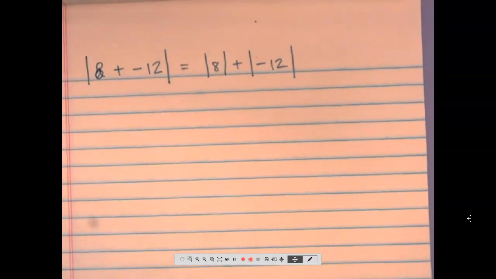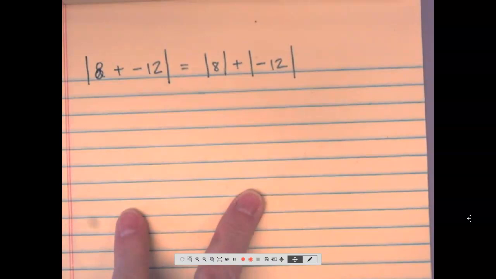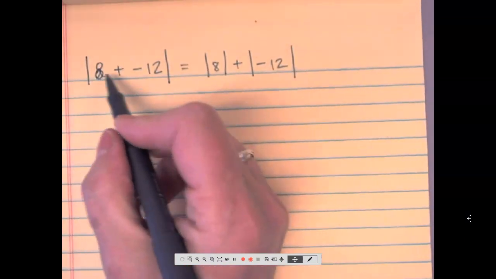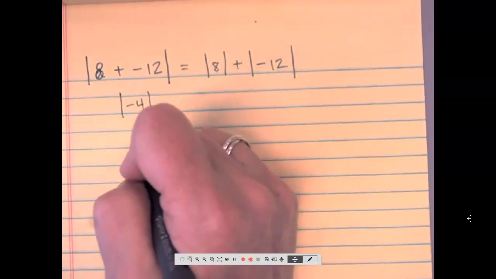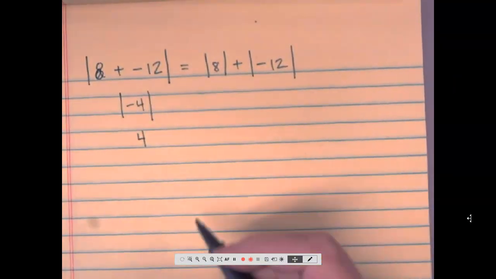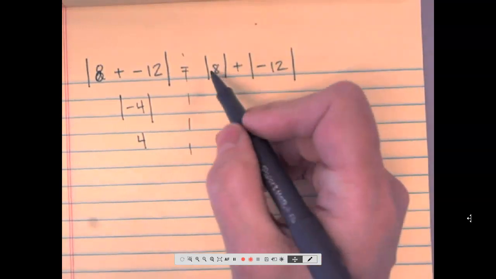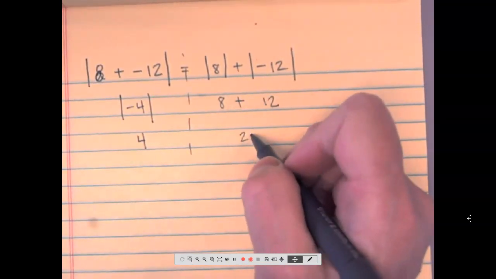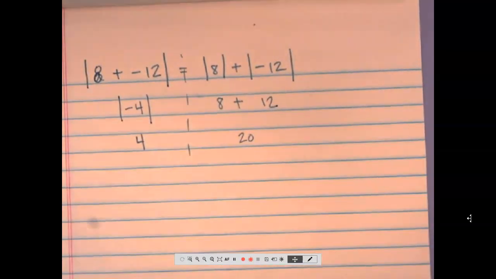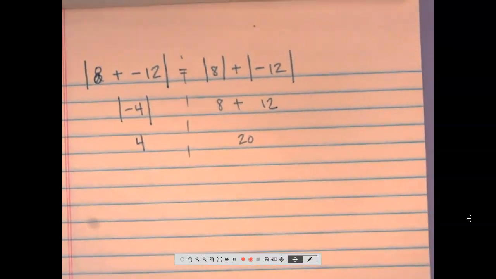Does it work for addition? Do you get the same thing? Okay, 8 plus negative 12 is negative 4. The absolute value of negative 4 is 4. But over here, this would be 8 plus 12, which is 20. That is not the same, is it?